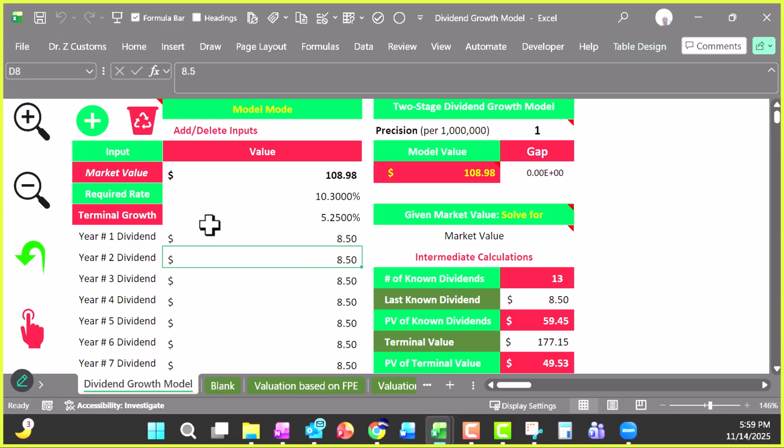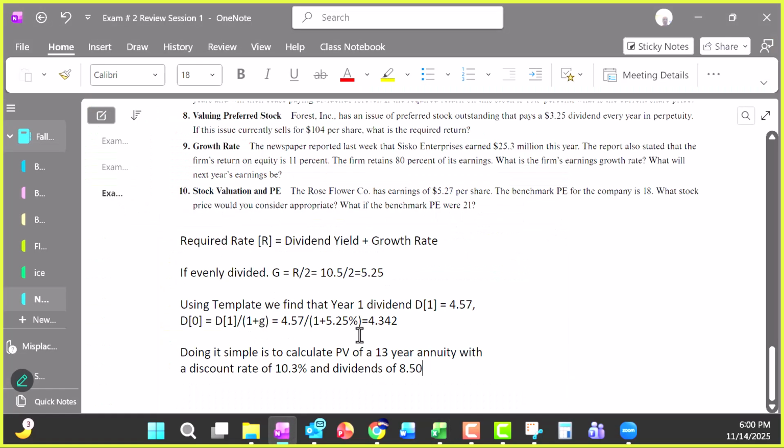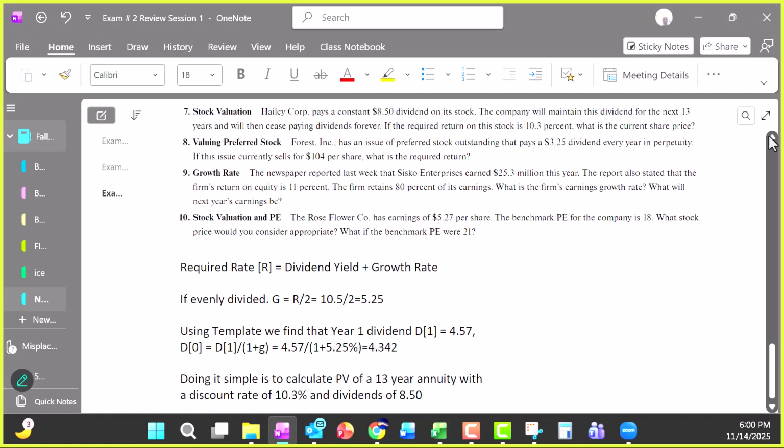One thing you need to know, what's the terminal growth rate? After year 13, what happens to the dividends? What's the year 14 dividend in this problem? How many dollars in dividends are you going to get in year 14? No, that's year 13. On year 14, you get nothing, right? Because it will cease paying dividends, correct?